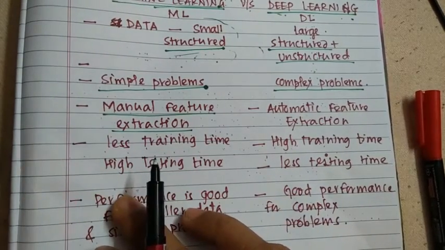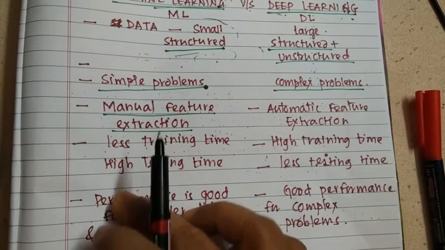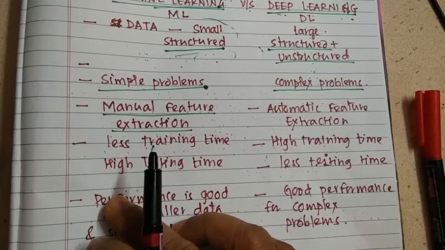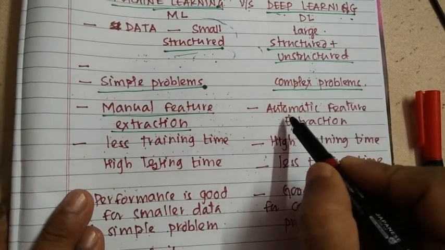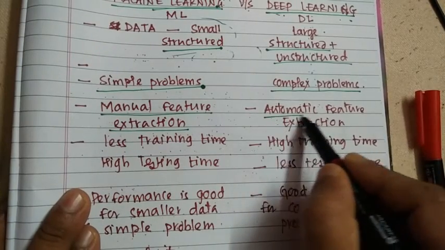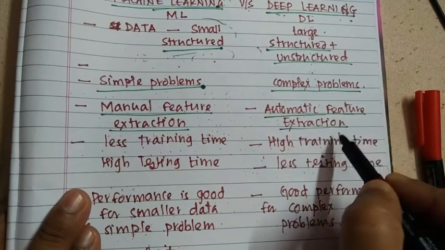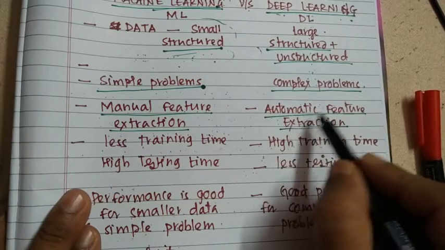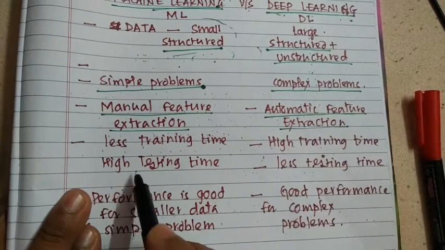There is no way for automatic feature extraction, so we need to figure out what the important features are. But in deep learning, automatic feature extraction takes place. The algorithms are designed to extract the features automatically.